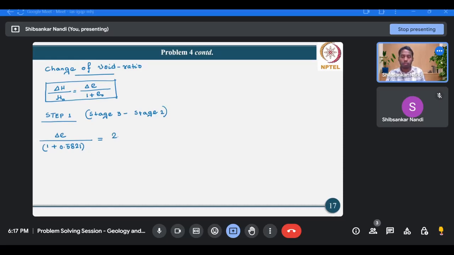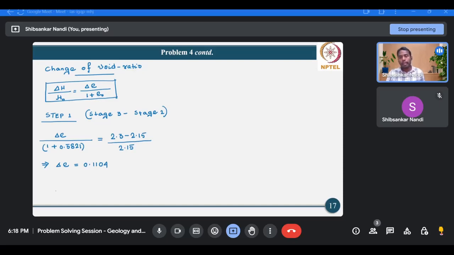So from this equation we can calculate the delta E value as 0.15 divided by 2.15 into 1.5821, so 0.1104.